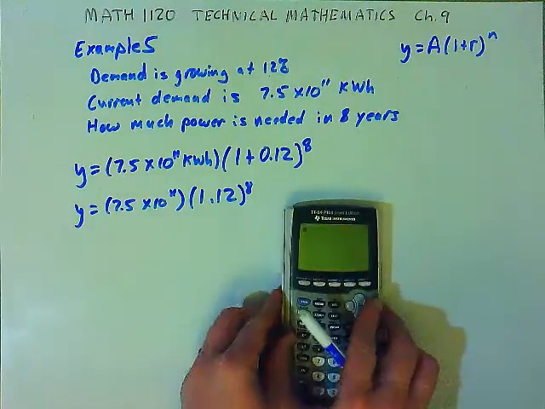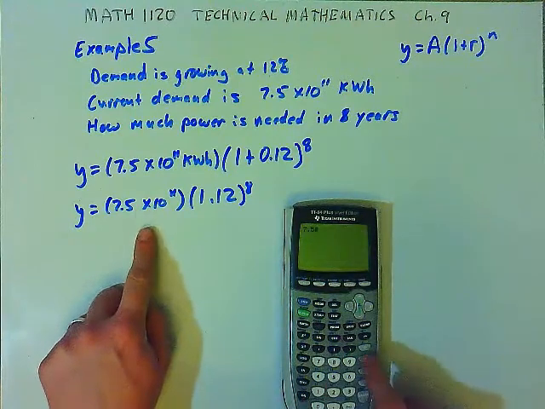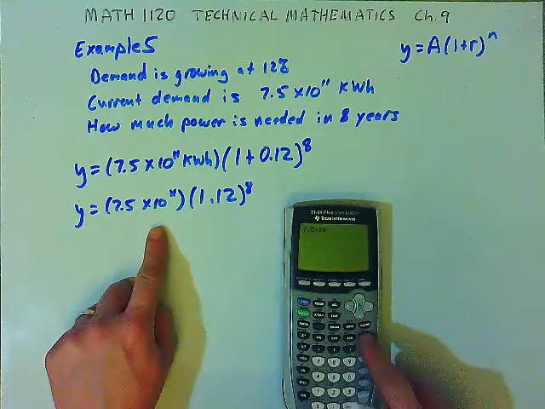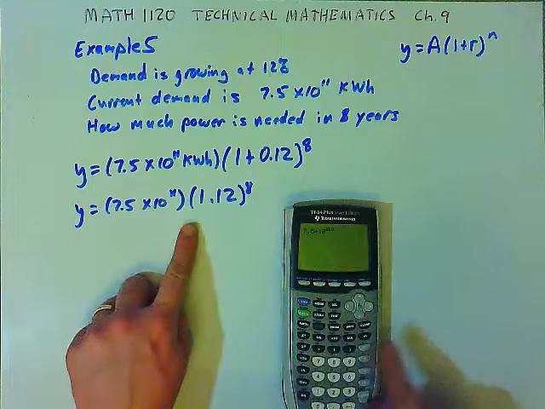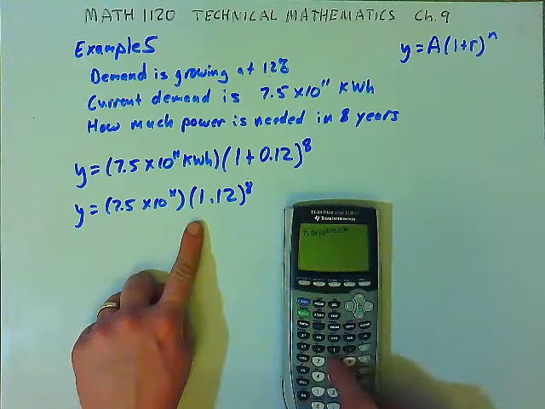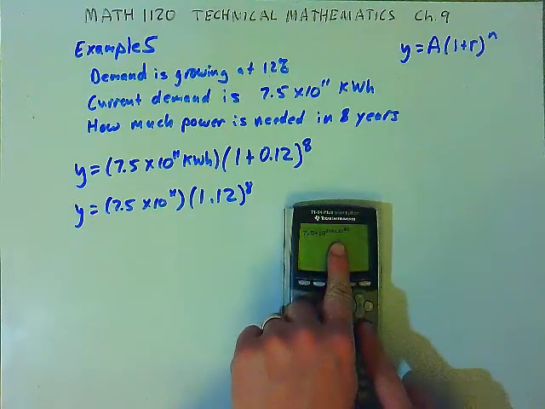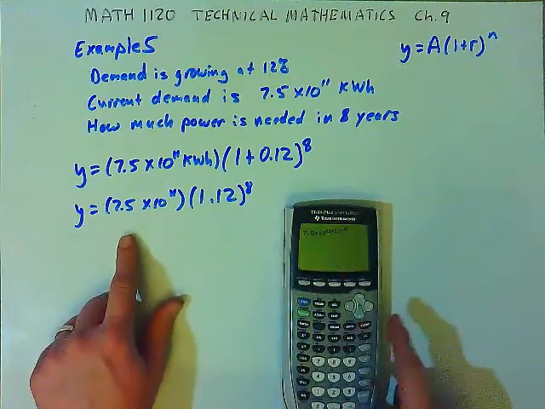We'll take 7.5 times 10 to the 11th power, and we're going to multiply by 1.12 to the 8th power. Oops, I'm sorry, I made a mistake. I typed everything in as an exponent. So let me start over here.